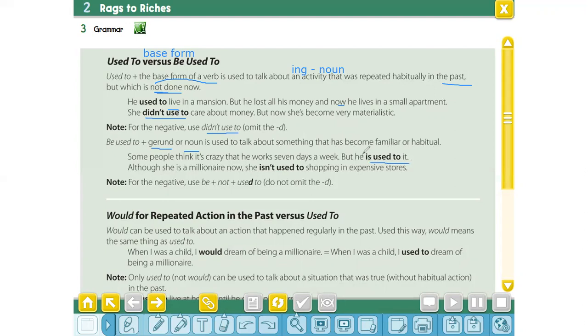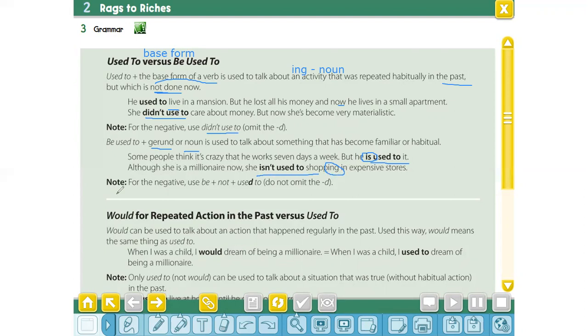Here we use verb to be in the present, is used to plus noun or pronoun. Although she is a millionaire now, she isn't used to shopping in expensive stores. Is used to plus gerund, verb plus ing. Do you get it?